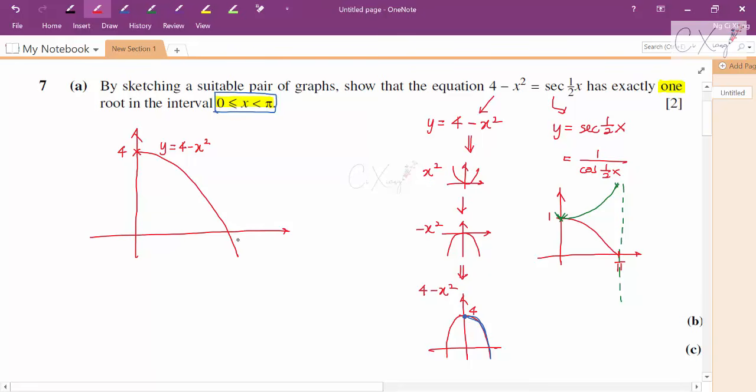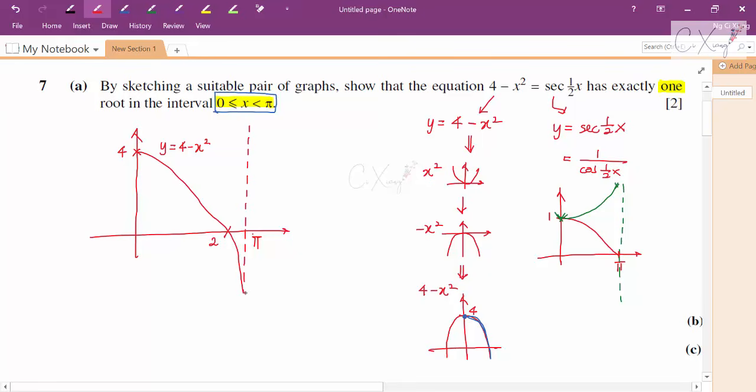After that, to label it more clearly, the x-intercept for y equals to 4 minus x squared should be 2, and the pi should be after this x-intercept. For the pi here, we are having the line where this is pi. Maybe I draw it again nicer.